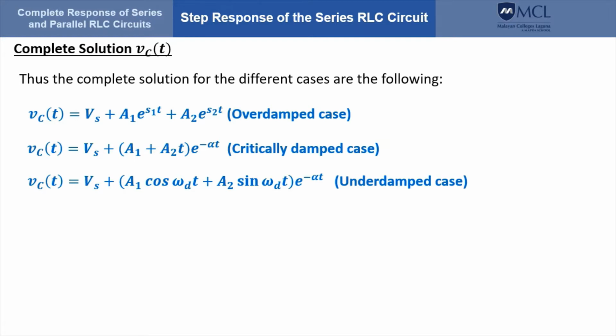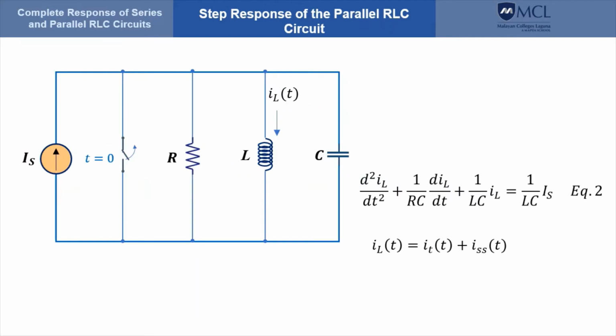For the overdamped case, that will give us this complete solution. So here is the steady state component, and this is the transient component. For the critically damped case, we will have this expression, and for the underdamped case, we have this complete solution.